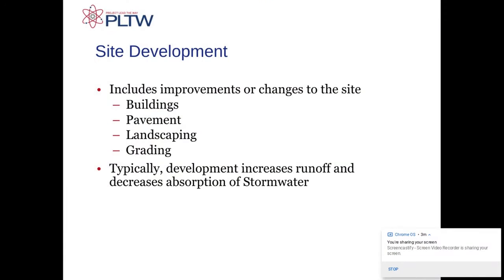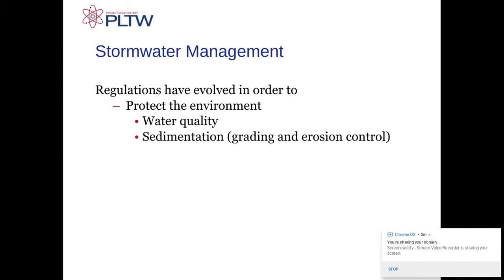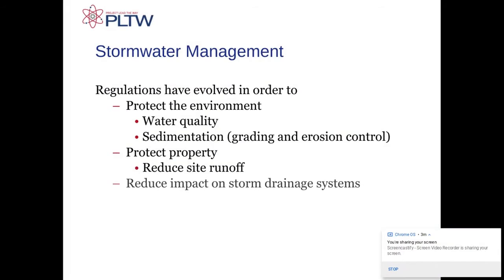So typically development increases runoff and decreases absorption, and that increases stormwater runoff. We're trying to reverse that. So regulations have evolved in order to protect the environment, protect water quality, reduce sedimentation, meaning the removal of sediment and soil, protect property, reduce site runoff, reduce impact on storm drainage systems.